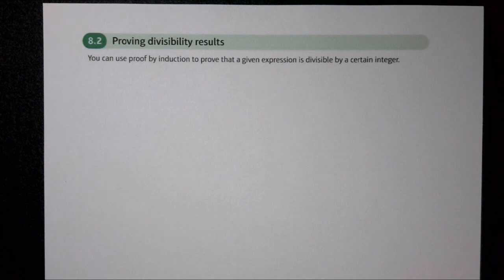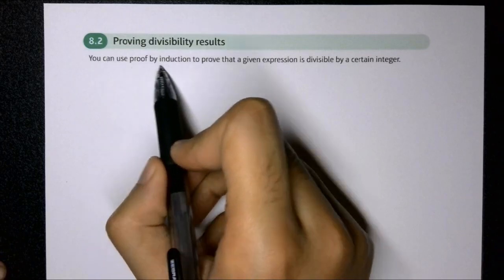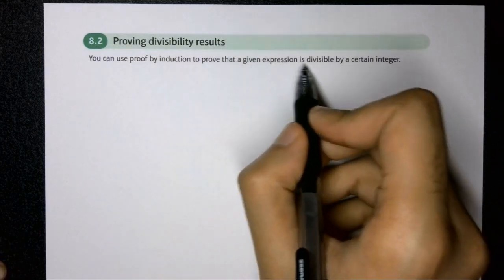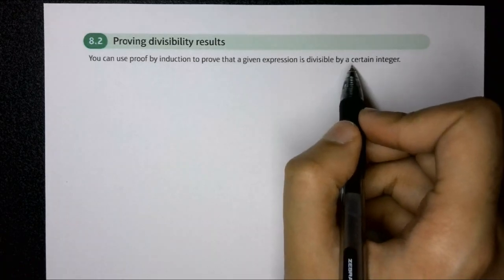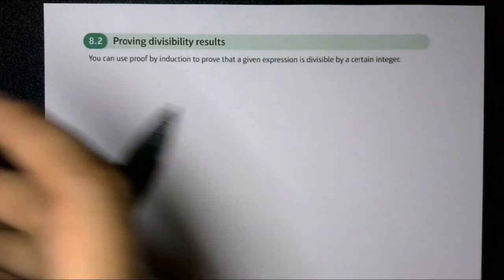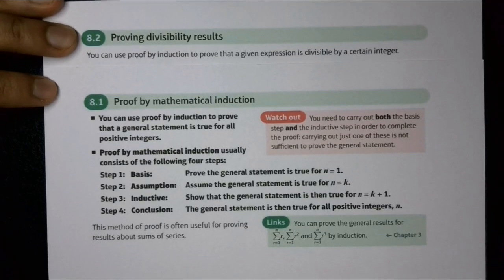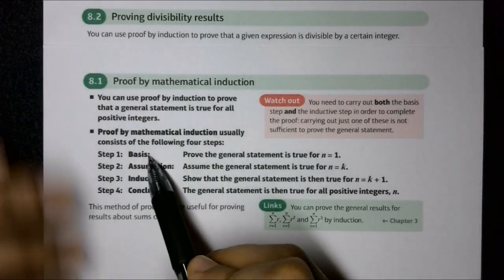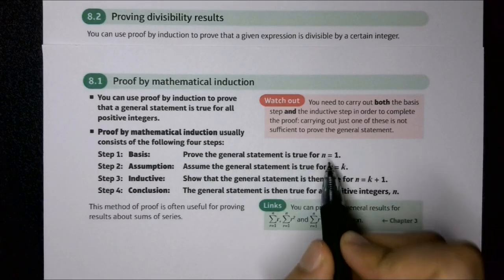8.2 Proving divisibility results. You can use proof by induction to prove that a given expression is divisible by a certain integer. And you may recall from what we discussed in the previous video, the steps in a proof by induction problem. We've got our first step, the basis step, where we prove the general statement is true for n equals 1.